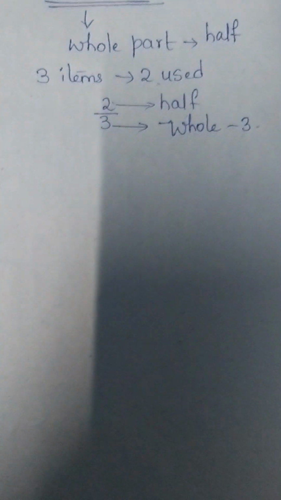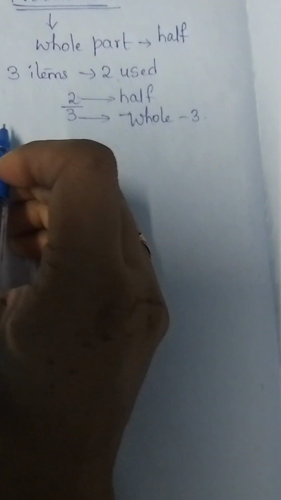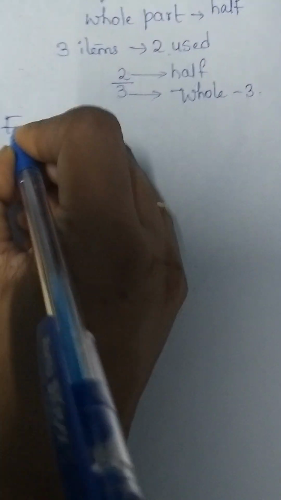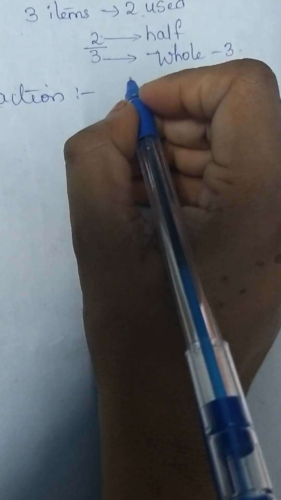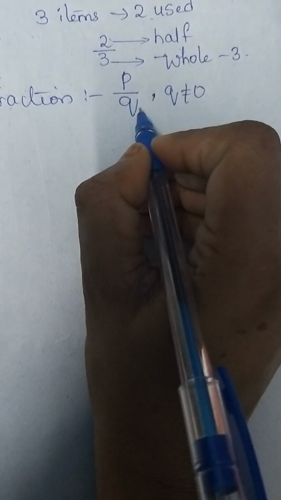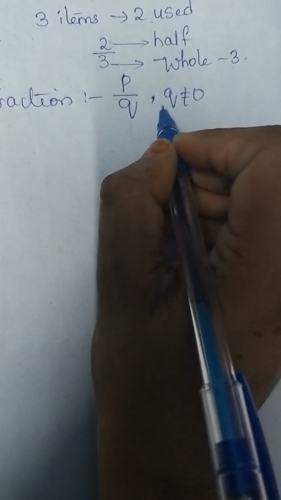Okay, the total number of items we have is the denominator, and the numerator is the used part. In another form we can say that a fraction is a number in the form p by q, where q is not equal to 0. Whenever we have a fraction, q is never 0.